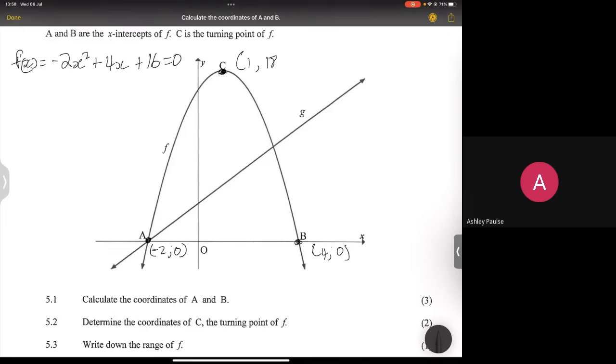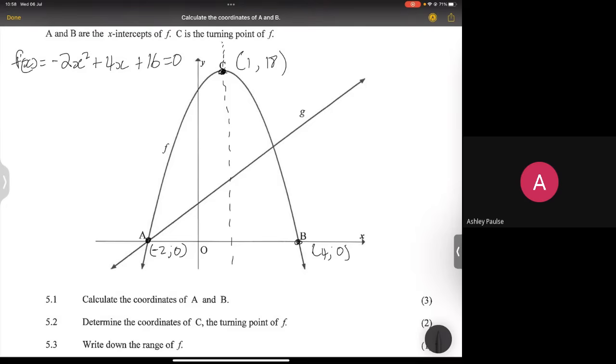Now, please let me show you another way of calculating the x value of your turning point. Remember, we often call the turning point your axis of symmetry. What this means is that your graph is a reflection of itself around that turning point.